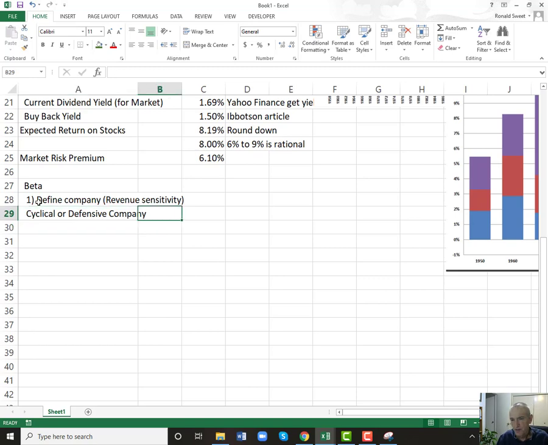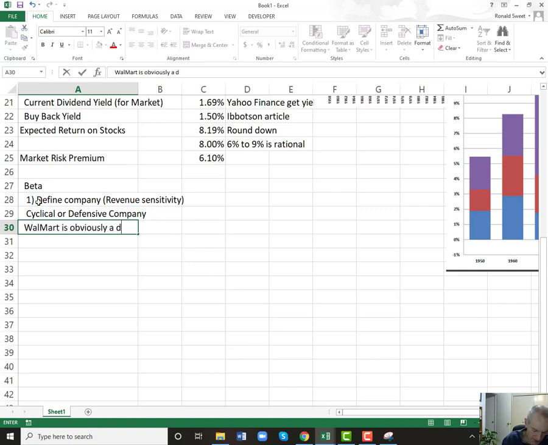There's definitely subjectivity here, but we're going to say Walmart is obviously a defensive company, a discount store. Walmart did extremely well in 2008 during the financial crisis. They did extremely well during COVID. So they've proven themselves in the last two major market sell-offs. So it's a defensive company.